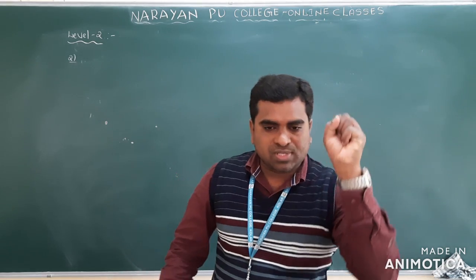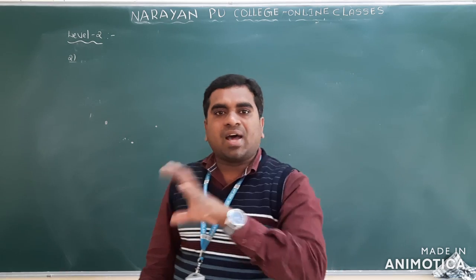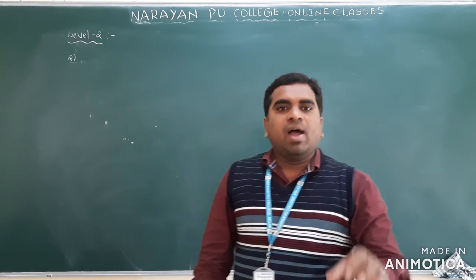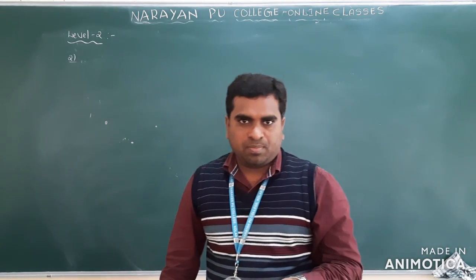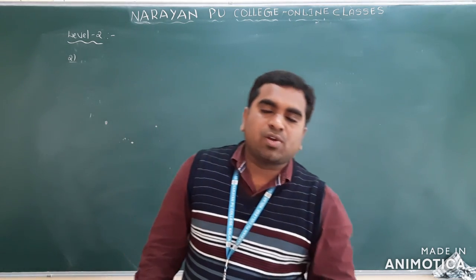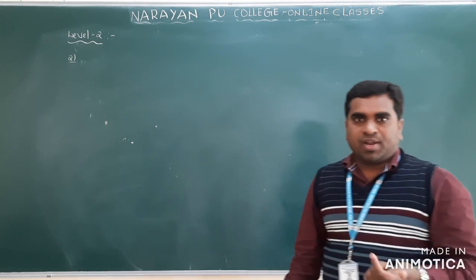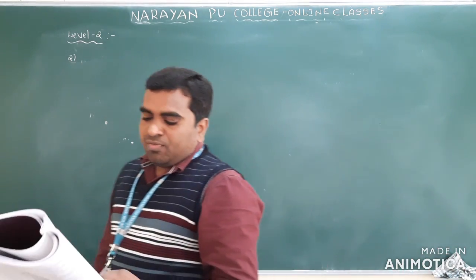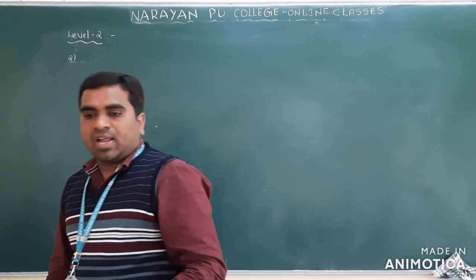Among those molecules hydrogen bonds will be formed, and those molecules can be the same or different. Intra means within the molecule. Hydrogen bond formed within the molecule is called intramolecular hydrogen bonding.